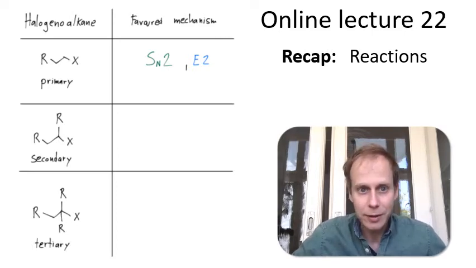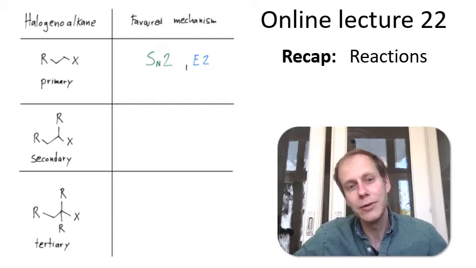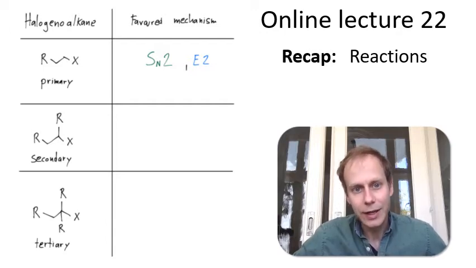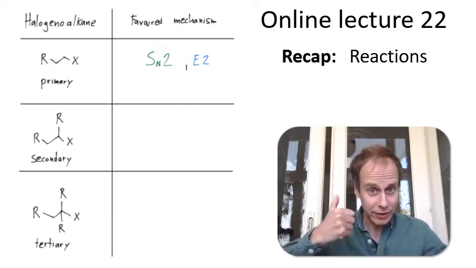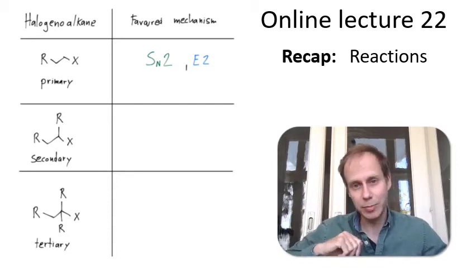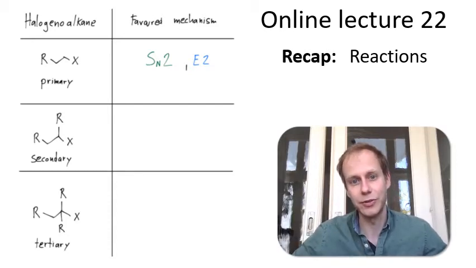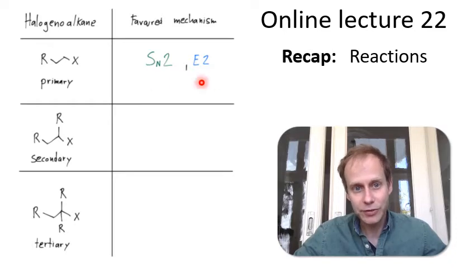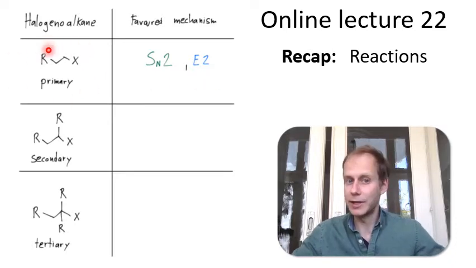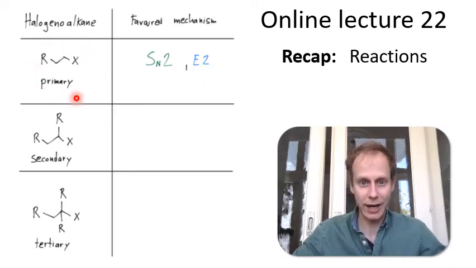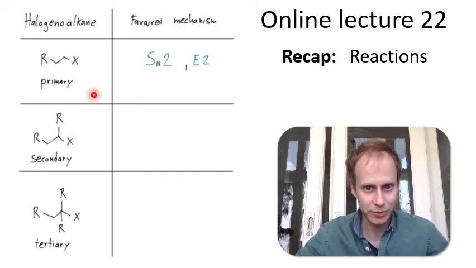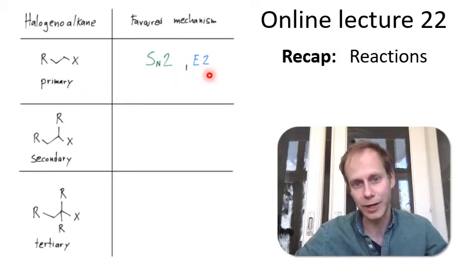That means that both the nucleophile and the halogenoalkane need to meet to undergo the reaction in a single step, and the rate law depends on both concentrations. The reason is that this primary halogenoalkane cannot form stable carbocations, and that's why it proceeds via SN2 or E2 reaction mechanisms.